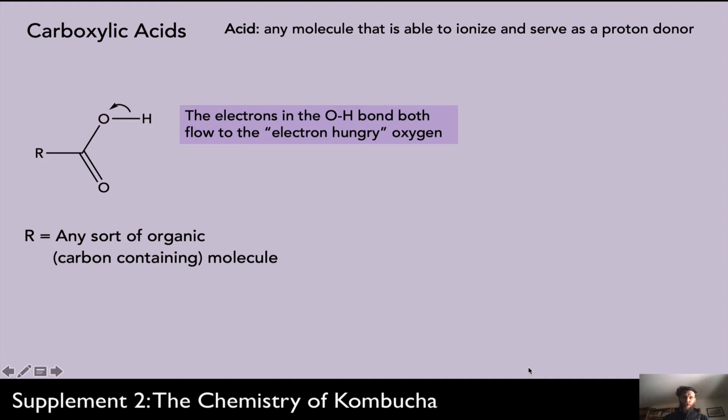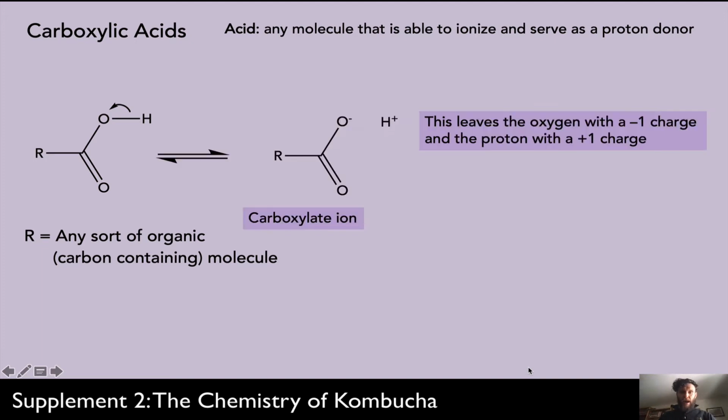All right. So the first step in this carboxylic acid, being an acid, is going to be donating the hydrogen. Those electrons that are between the bond flow towards the oxygen, and it's in equilibrium, meaning a back and forth process or reaction, where that hydrogen has now been liberated and it's had some electrons taken away from it, and because of that, it has a positive charge.